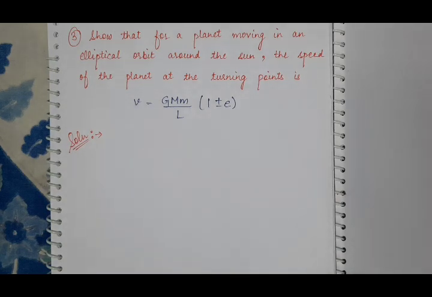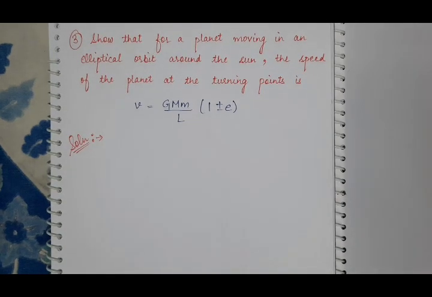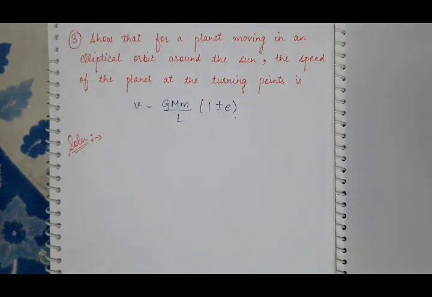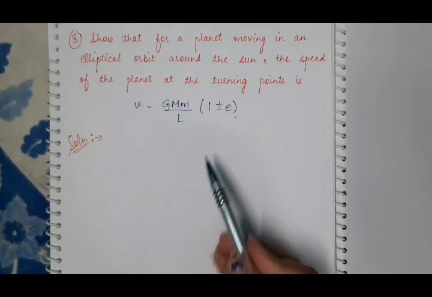Now in this numerical, we have to show that for a planet which is moving in an elliptical orbit around the sun, its speed at the turning points is equal to this. What we have to prove is the velocity is equal to this.